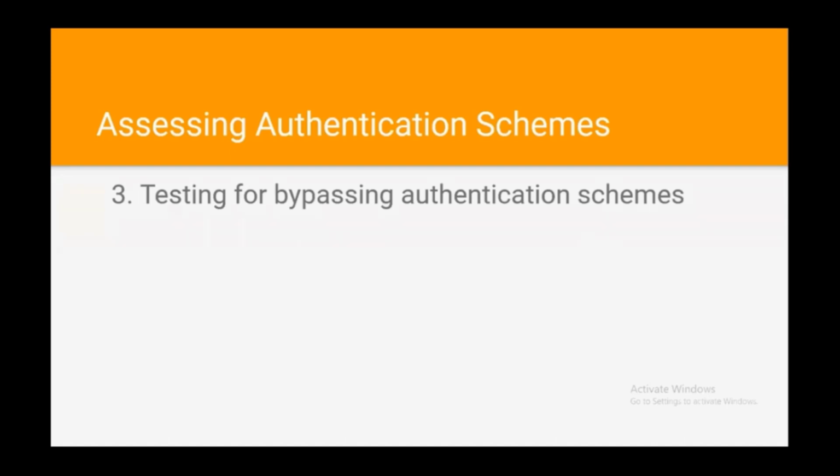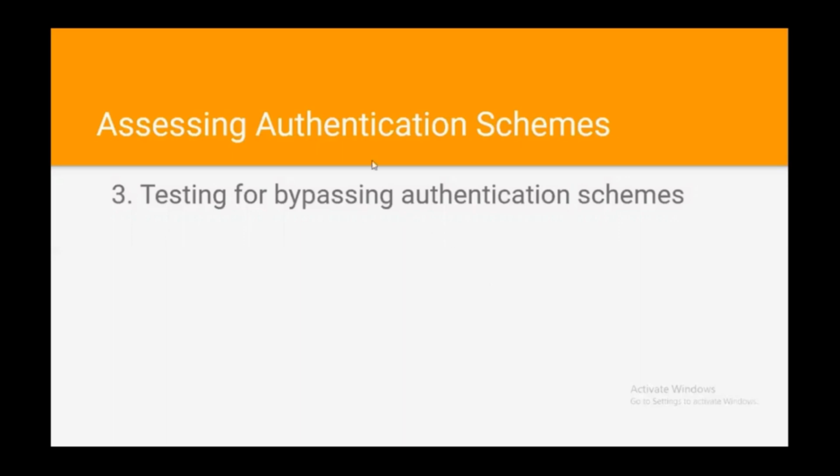In this video, we are using parameter modification. We can take an unauthenticated request, match it with a previously captured request, and replay and modify it to gain access to the application by bypassing the login mechanism.